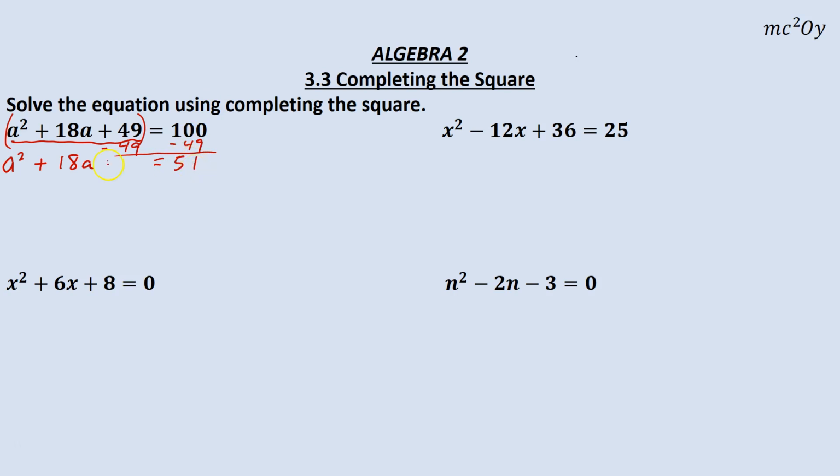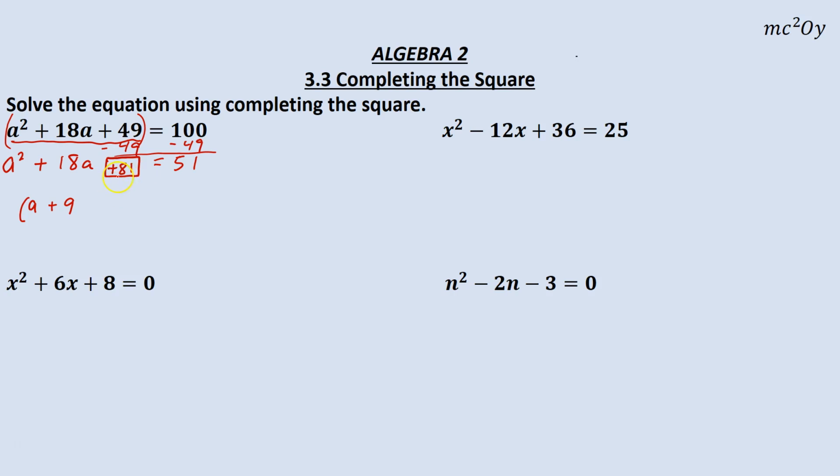So now I could fill in the back part with whatever I want. I know that in order for me to have a perfect square trinomial here, I need to take the square root of a squared, okay, and then take half of this, half of 18 is 9, and then square it, and that becomes my back term.